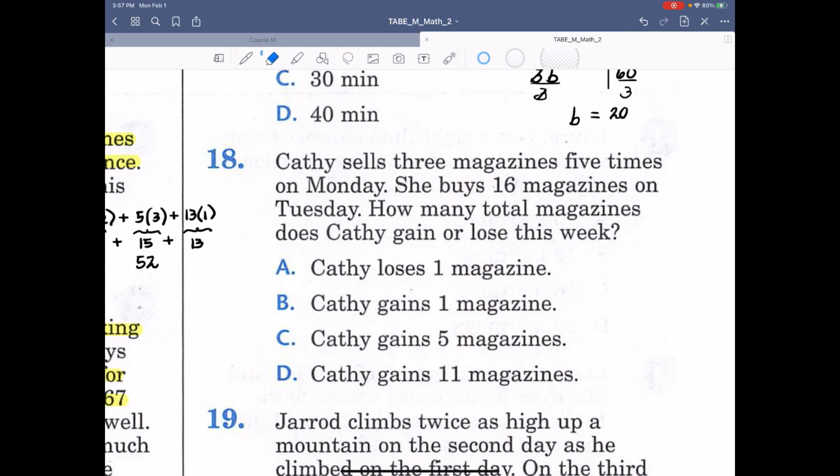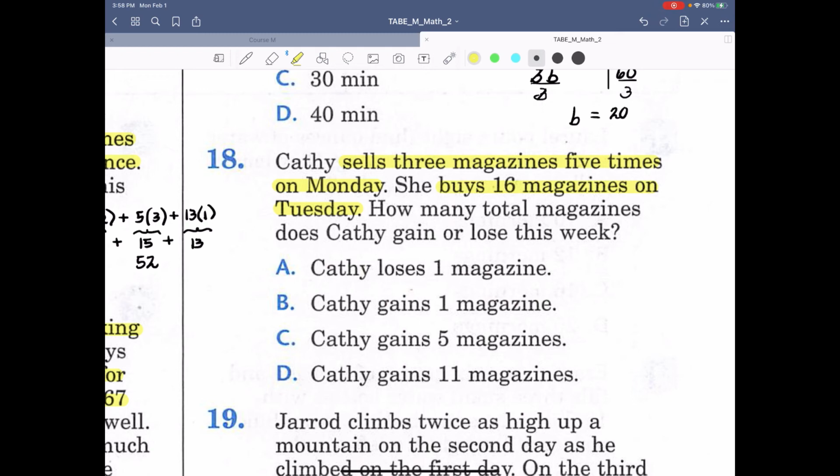Number 18. Kathy sells 3 magazines 5 times on Monday. She buys 16 magazines on Tuesday. How many total magazines does Kathy gain or lose this week?